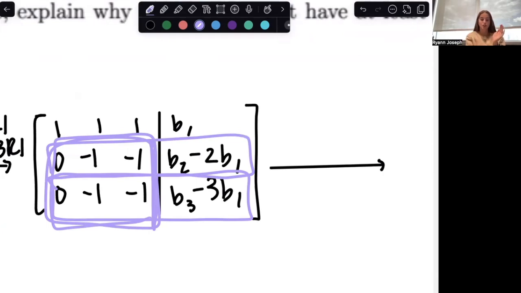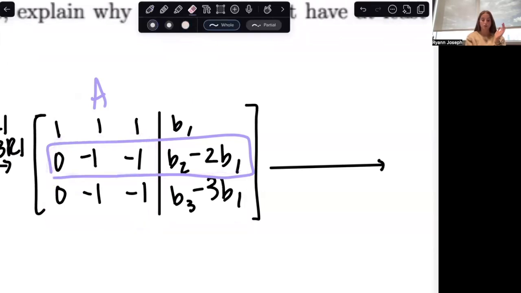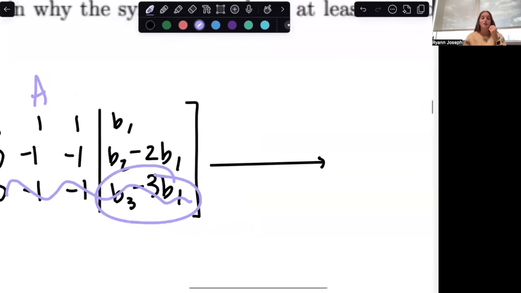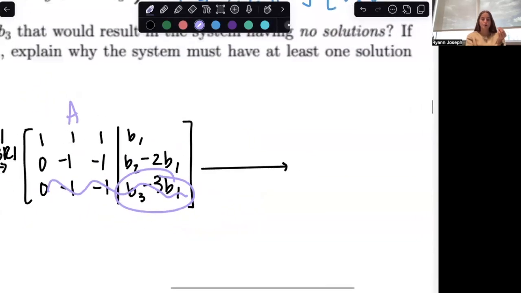The fact that in just A, ignoring B, they are multiples of each other means I'm going to eliminate one of them entirely. So I can't just make all this go to 0, because this is important. Because I know they're multiples, my reduced or echelon form isn't going to have a rank of 3. It's going to have a rank of 2 or less because this whole row is going to go away. But I can't just make it go to 0 yet.